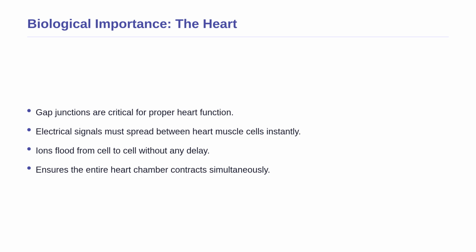In the heart muscle, electrical signals must spread from one cell to the next almost instantaneously. Gap junctions allow the ions carrying this electrical signal to flood through the tissue without any delay. This rapid, synchronized communication ensures that the entire heart chamber contracts at the exact same fraction of a second, pumping blood effectively.